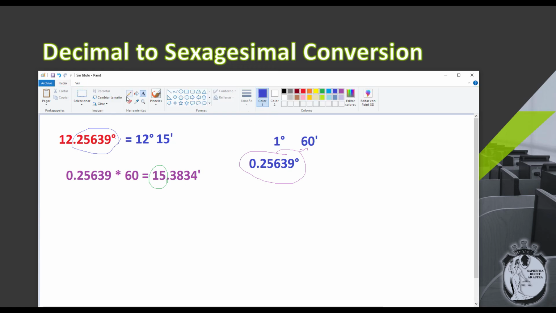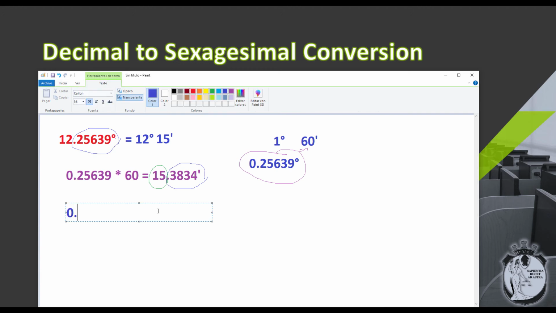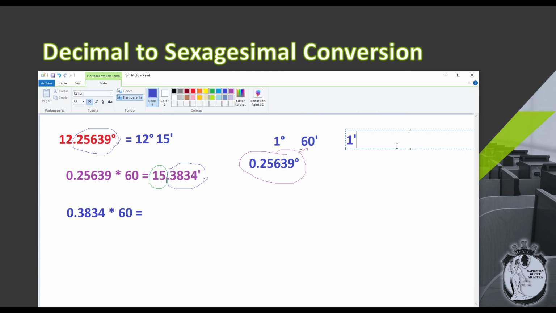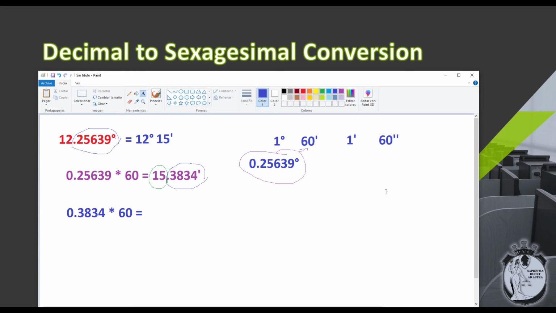Yeah, so we have to convert again only the decimal part. Yeah, 0.3834 multiplied by 60. Why? Because again 1 minute is equal to 60 seconds.